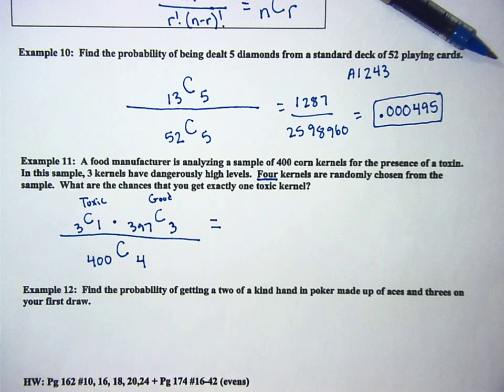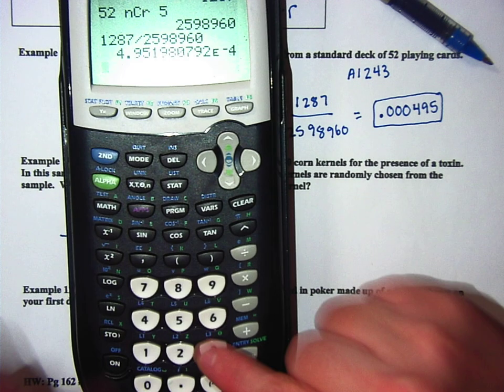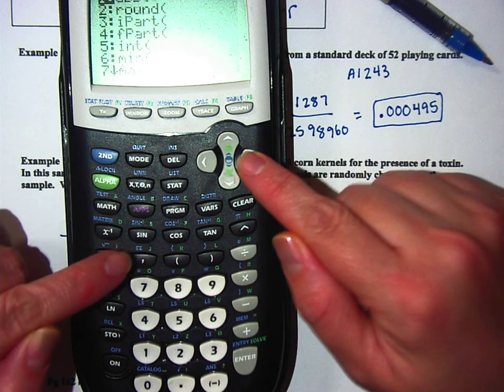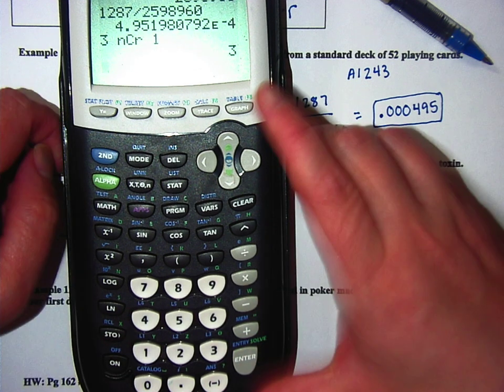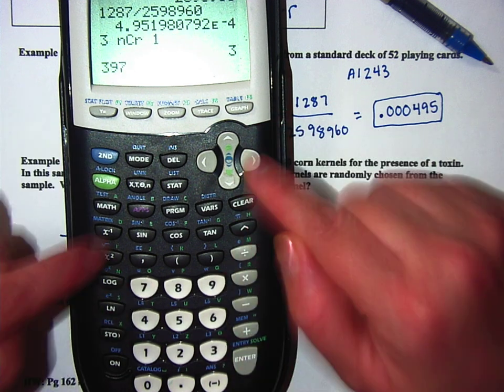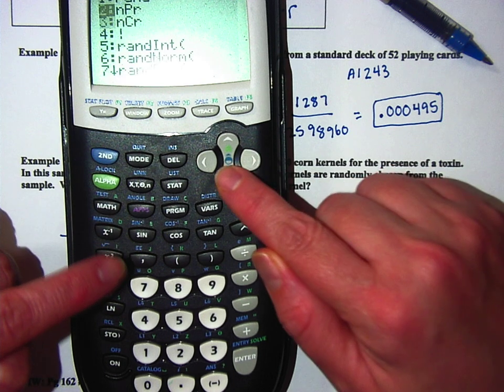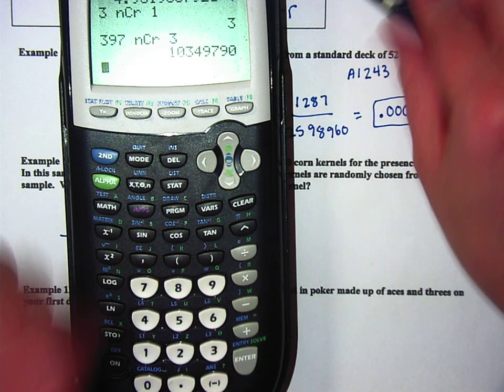Anything, by the way, combination 1 by itself is that thing. So 3 math combination 1 is already 3. The other one was 397 choose 3.